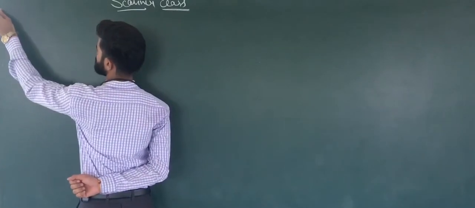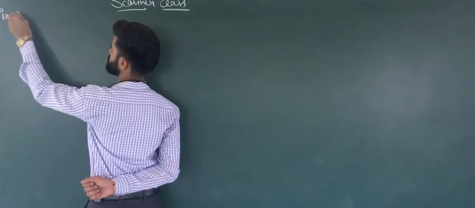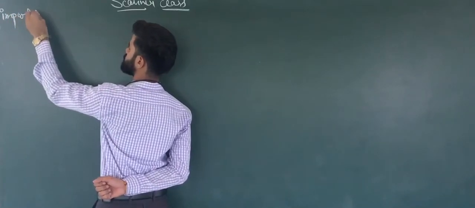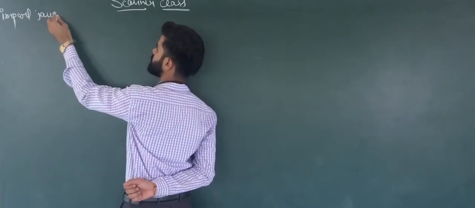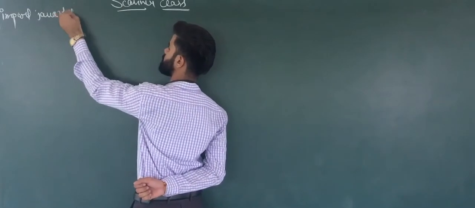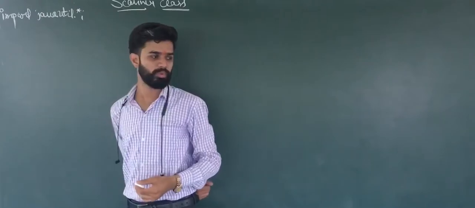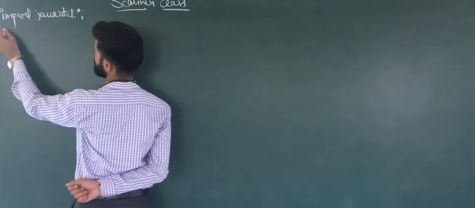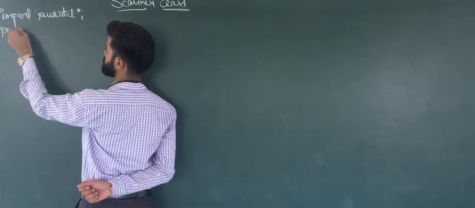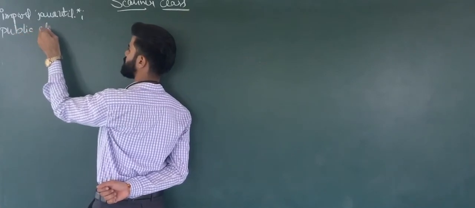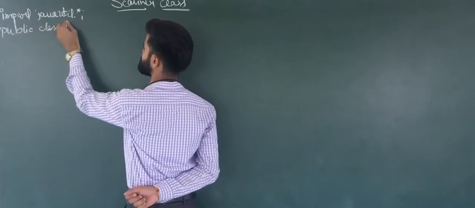Basically, first of all, import java.util. Okay. We all know about this one. This is our basic statement, and then we are going to write here public class, and the name of our class is, suppose, Falcon.